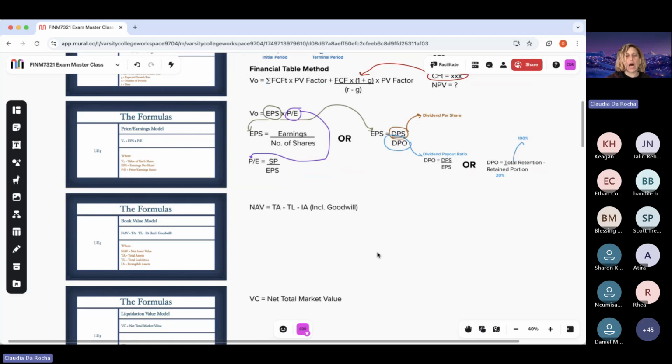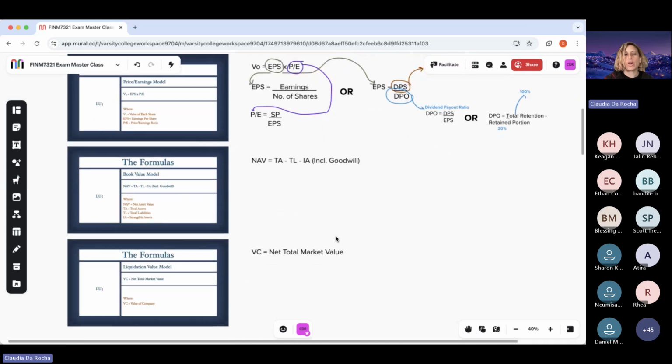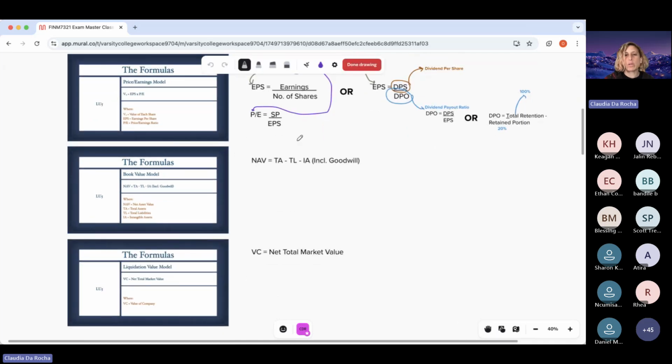We now have our book value model, which is net asset value, which equals total assets minus total liabilities minus your intangible assets. Like I said, I'm not going to go through a question for these, but it's more for you to understand what these all mean.